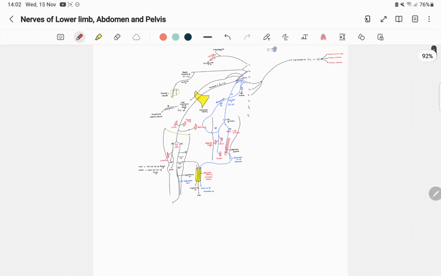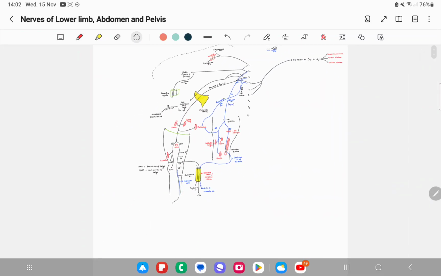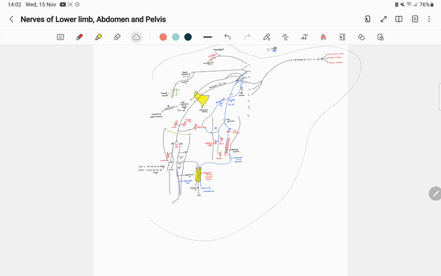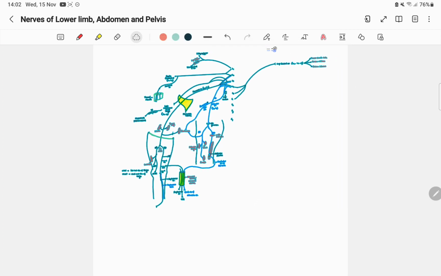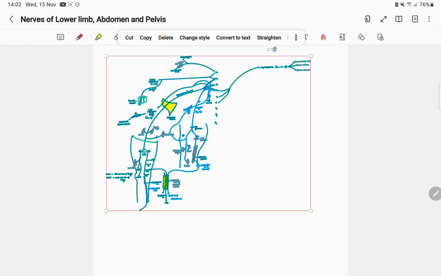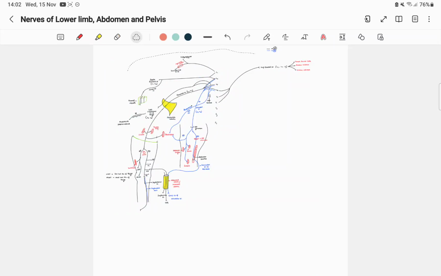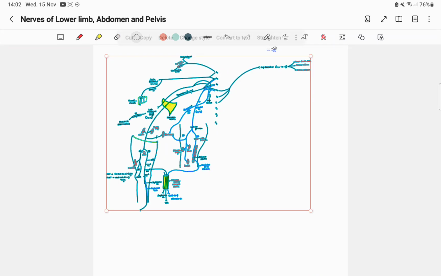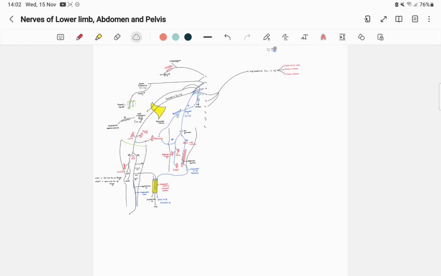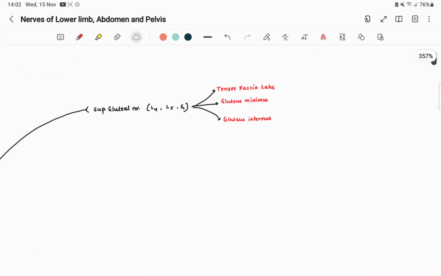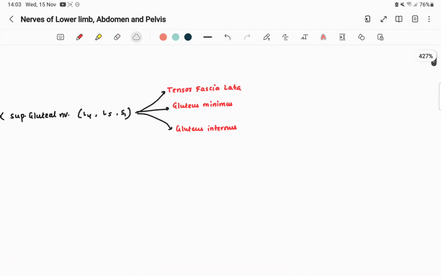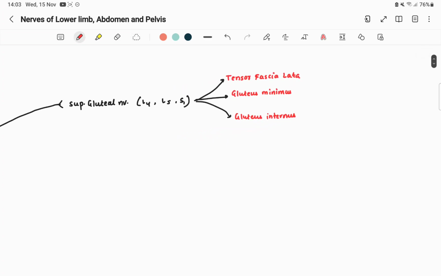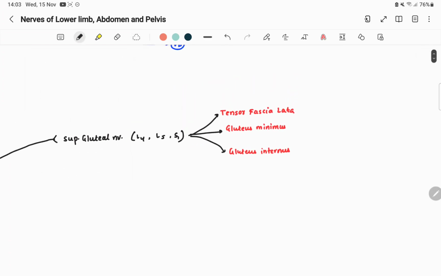So let's take this diagram a little bit to the left so that we can get some more space to draw. Understood. So, superior gluteal nerves, and you must have read about the piriformis muscle.